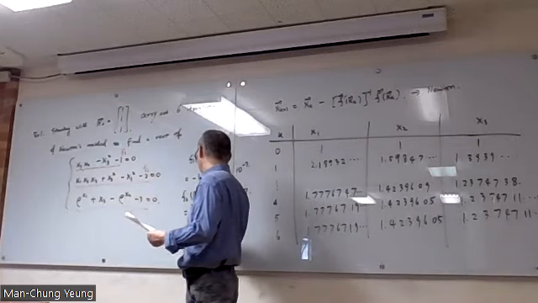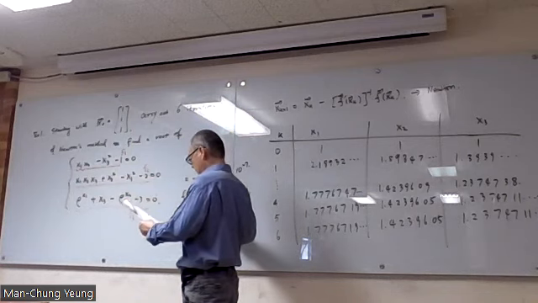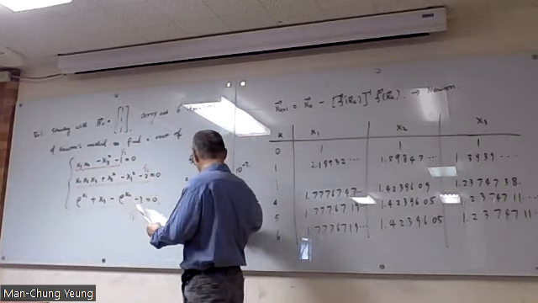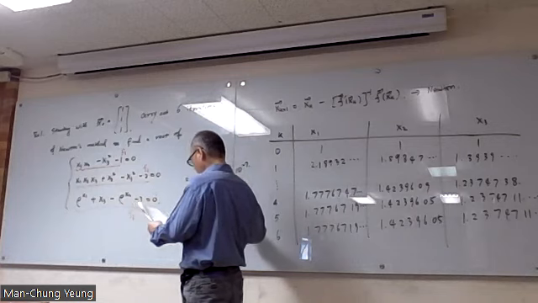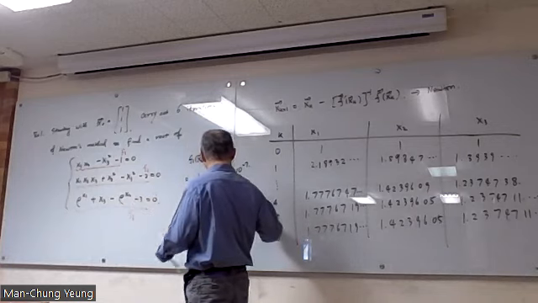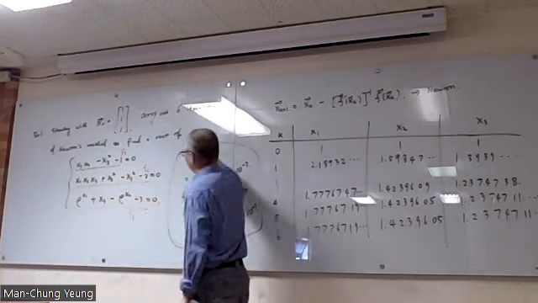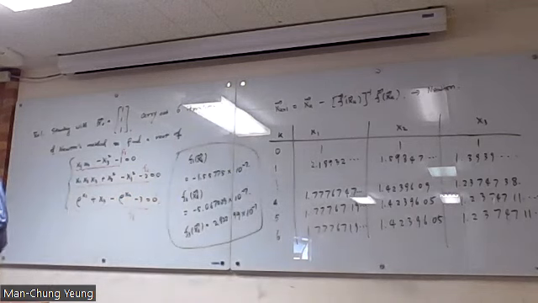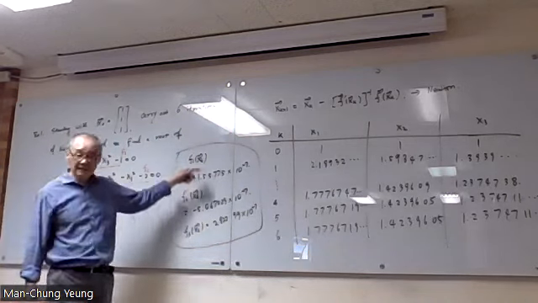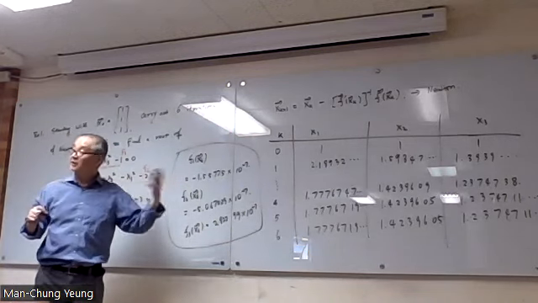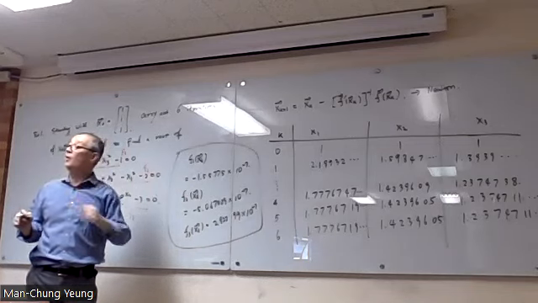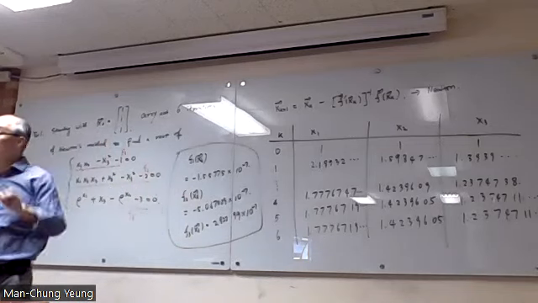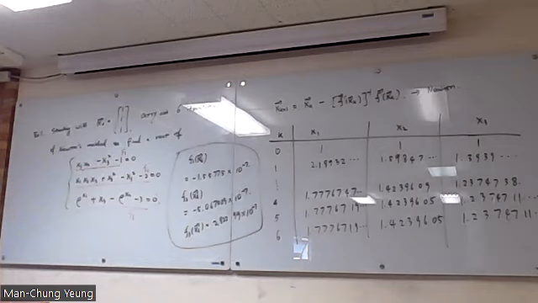F3 at x6 is 2.82299 times 10 to the negative 7. Very close to the root. At the root, function values are 0, and because x6 is close to a root, function values are very small. This confirms that Newton's method has order 2 convergence.